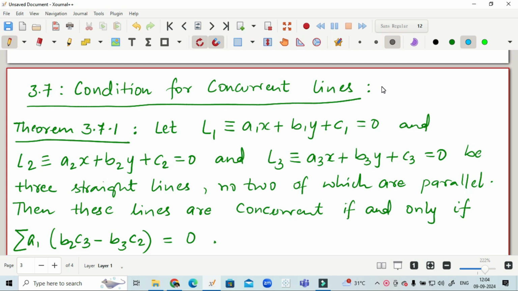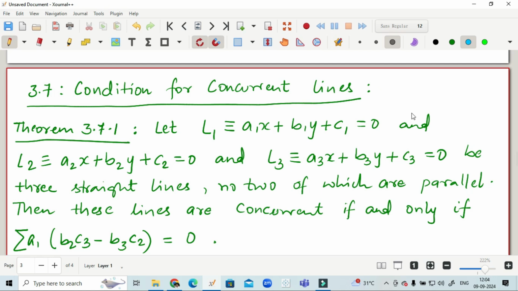Then the condition for the concurrency is that sigma a1(b2c3 - b3c2) = 0. So this is the condition we have to prove. Given that these three lines are concurrent, we have to find the condition for concurrency.